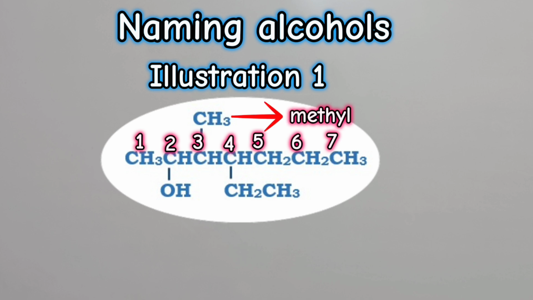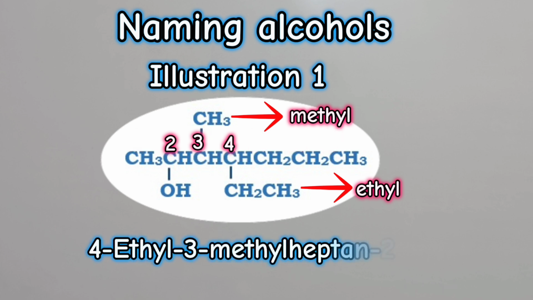But on carbon number 3, we do have a methyl group, and on carbon number 4, we have an ethyl group. We are now able to write down the name of our compound as 4-ethyl-3-methylheptan-2-ol, which we pronounce as 4-ethyl 3-methyl heptan-2-ol.